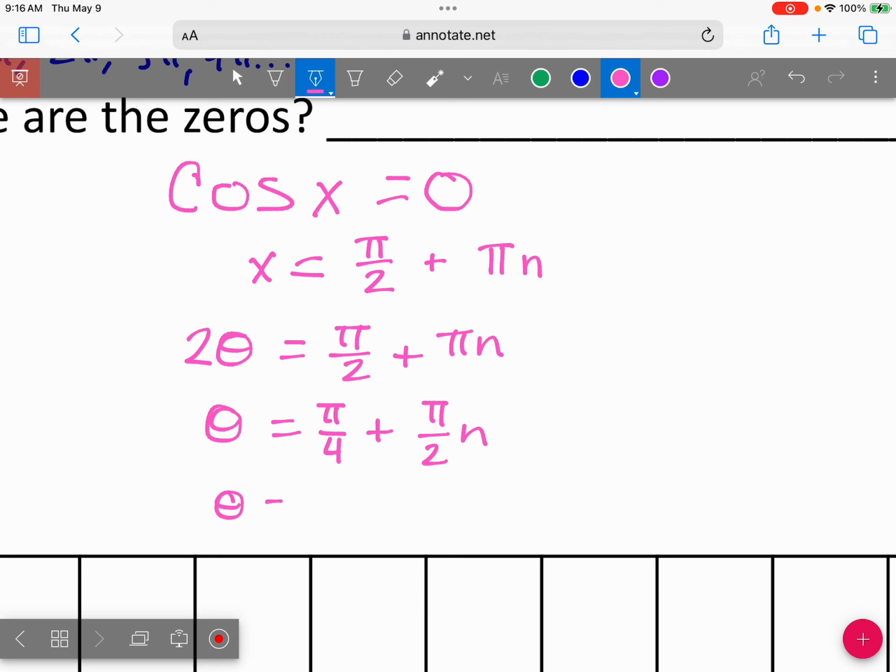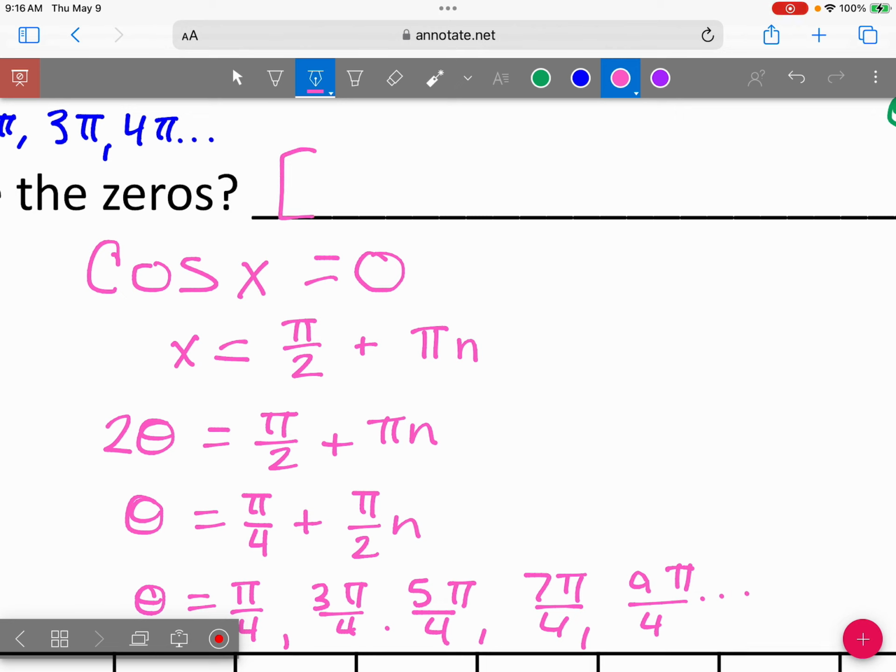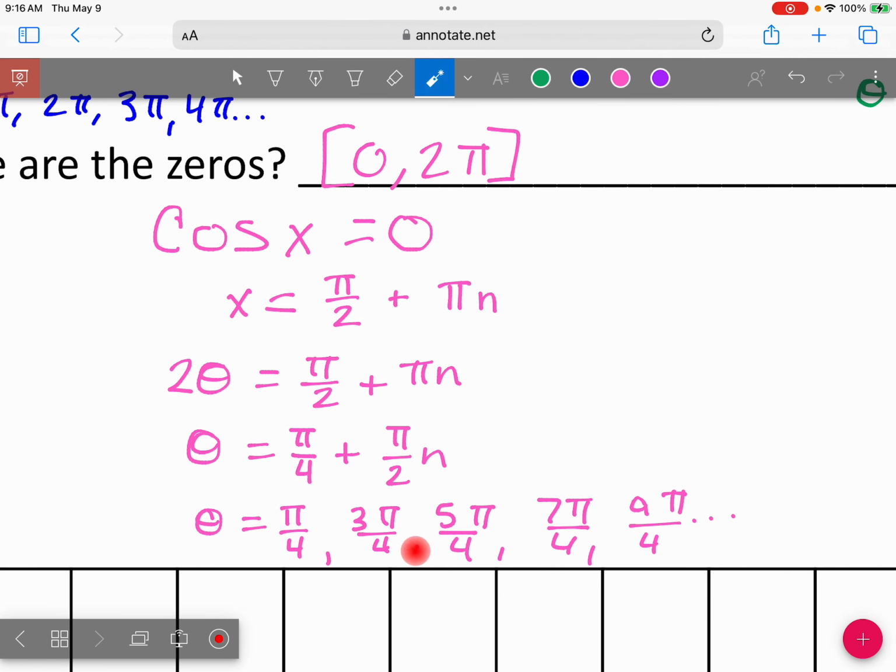So our thetas that actually hit this are going to be pi over 4, 3 pi over 4, 5 pi over 4, 7 pi over 4, 9 pi over 4, etc. I can keep going, but the only ones that are actually in our interval from 0 to 2 pi are pi over 4, 3 pi over 4, 5 pi over 4, and 7 pi over 4. Since we're going up to 2 pi, we can stop right there.